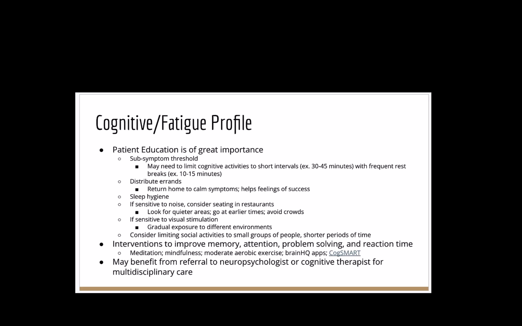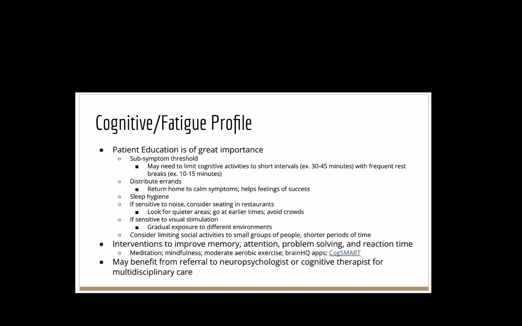These individuals might feel good in the moment and then kind of overdo it, and then all of a sudden they're having significantly high symptoms and they can't get them calmed back down again, and we have a setback. So really encourage them to limit themselves to shorter bursts of activities, especially if it relates to cognition, and incorporate more frequent rest breaks throughout the day.